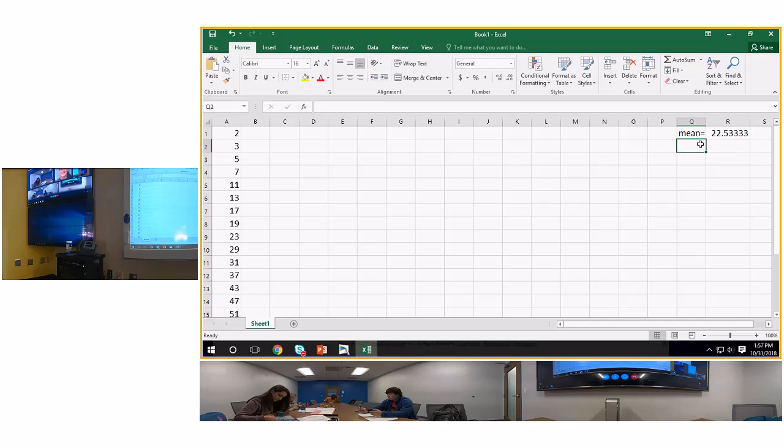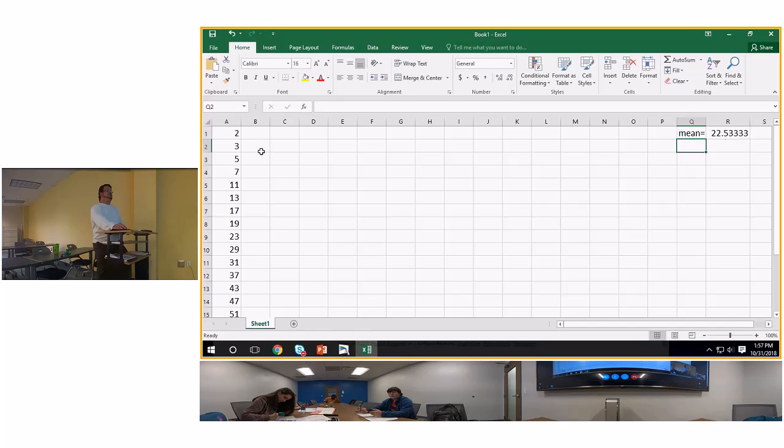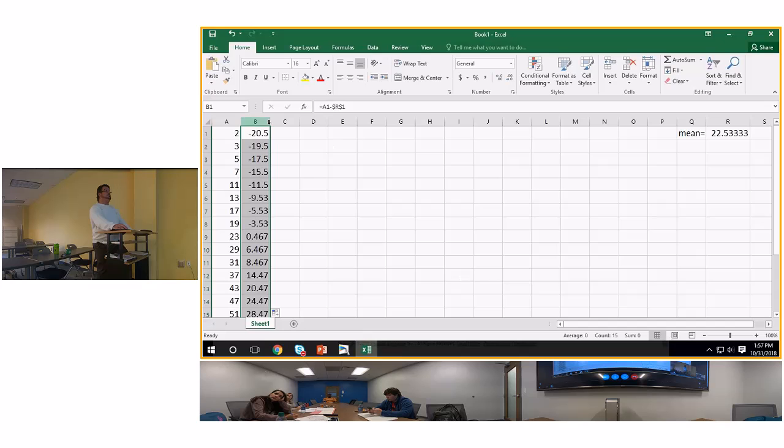Now, I'm going to take that mean away from every one of these. I'll do it for you on the second and third column. That's equal to this number minus this number, F4, and then I'm going to copy that down. That should be the numbers you got.